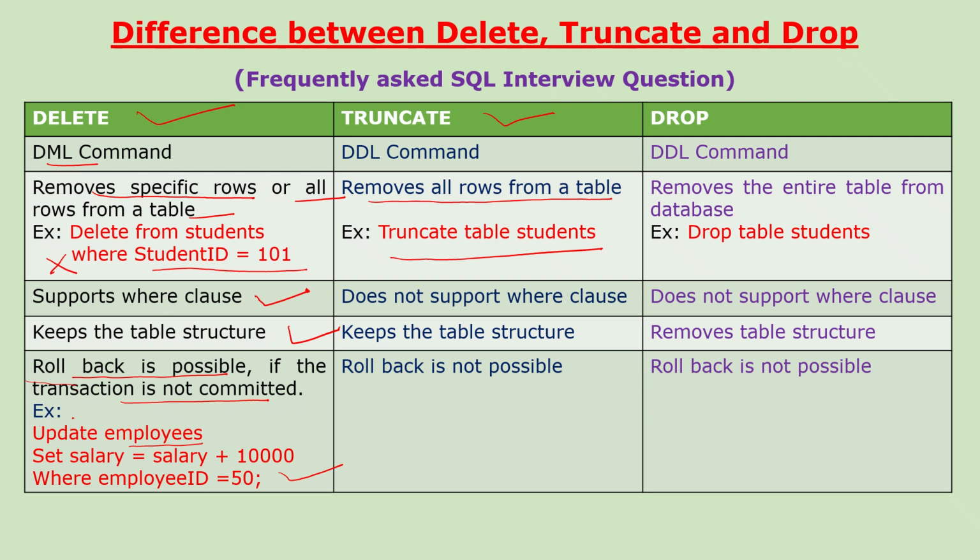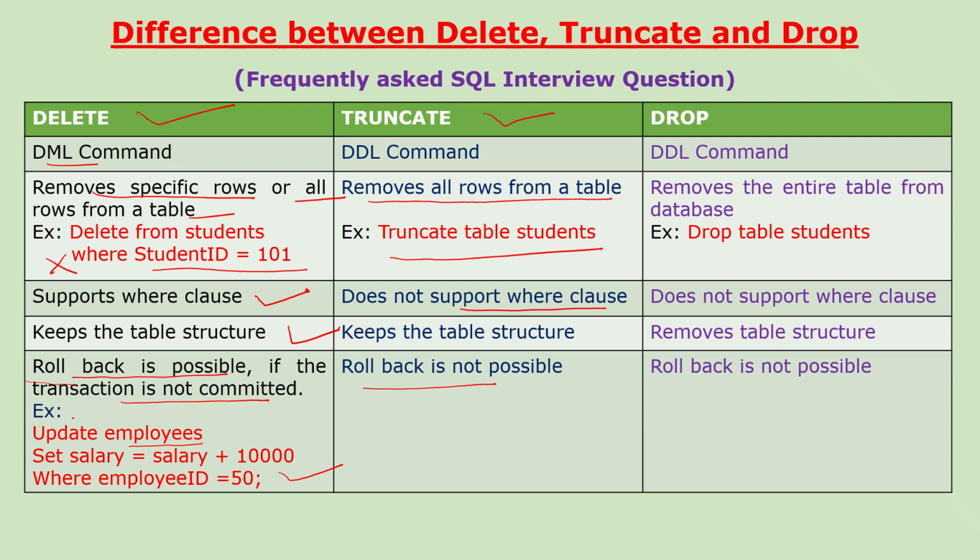That means it deletes the entire data from the student table. Like the delete command, the truncate command does not support the where clause. The where clause is not required for the truncate command, and it keeps the table structure. So that means it deletes only the data but not the table structure. And in the truncate command, rollback is not possible.